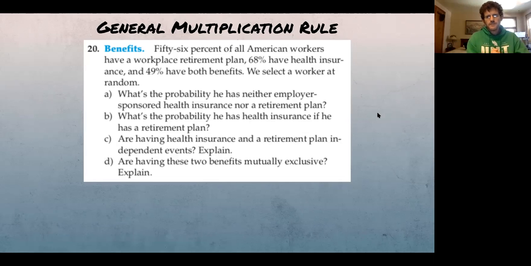So 56% of all American workers have workplace retirement plans, 68% have health insurance, and 49% have both benefits. We select a worker at random. So real quick, before we start trying to answer any of these questions, what should we do for this problem?